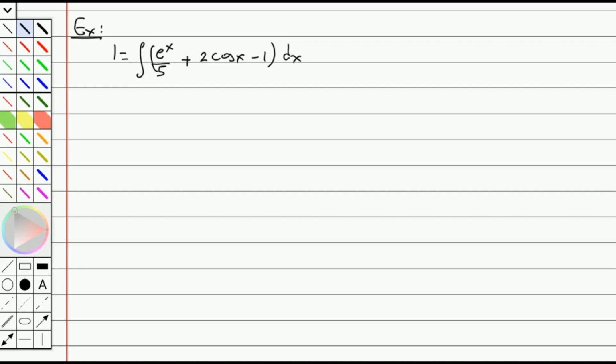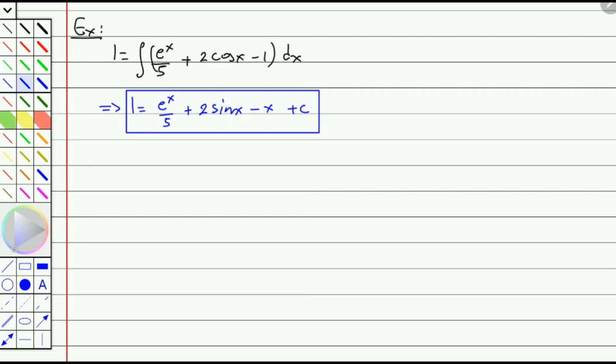So we can just copy them, and then we multiply those with the respective integral of these terms. So we can write directly I is equal to e to the x over 5 plus 2 sine x minus x plus c. And this is the result.